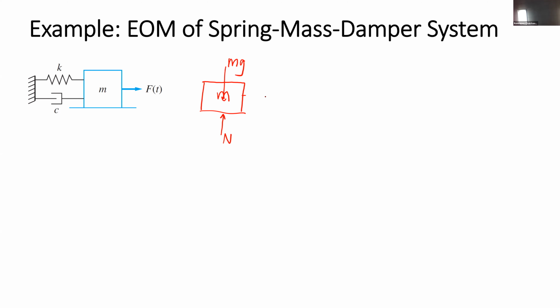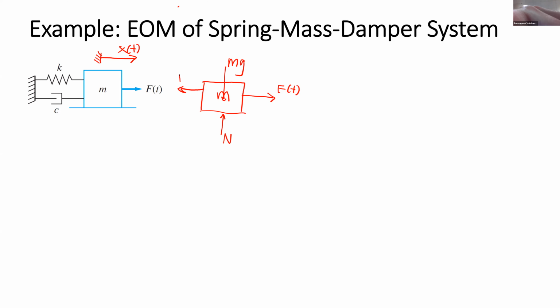We have the force F(t) to the right hand side. We're going to assume the coordinate x(t) that begins from the equilibrium position of the system. So when the box moves to the right hand side, the spring force will go to the left hand side.